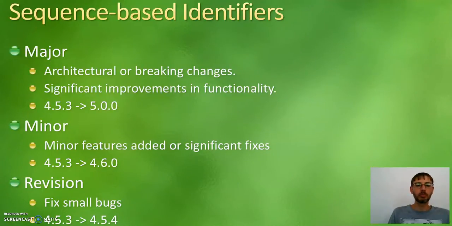A minor change would be features that have been added that don't necessarily break anything. There might be new features or significant fixes. And finally, incrementing just the revision number would indicate a small bug fix or a small change that is very insignificant. So let's move on and look at an example software product.